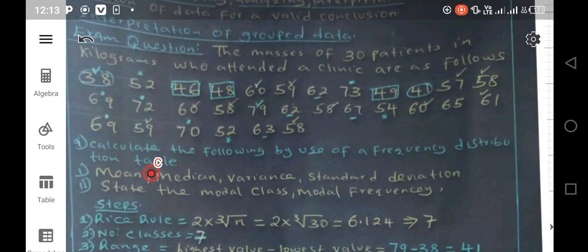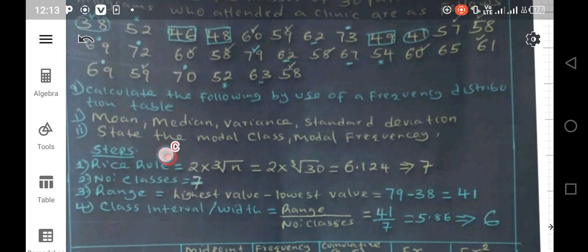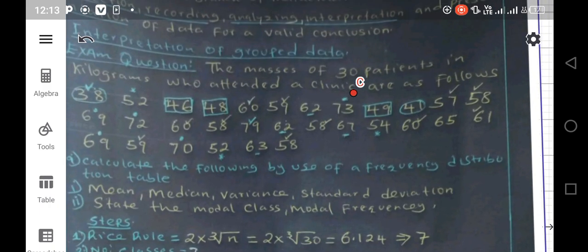Now, the first thing you do, you come there and have the formula steps. Rice rule. Rice rule is a formula that can be used to come up with the class boundaries of a given data. So we have 2 times the cube root of the sample size n. The sample size n there is 30. 30 is the number of patients.